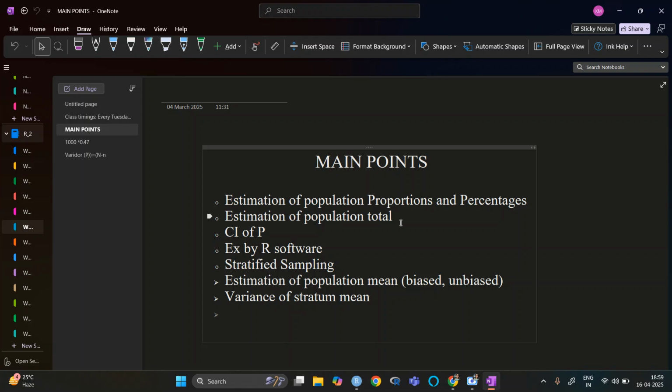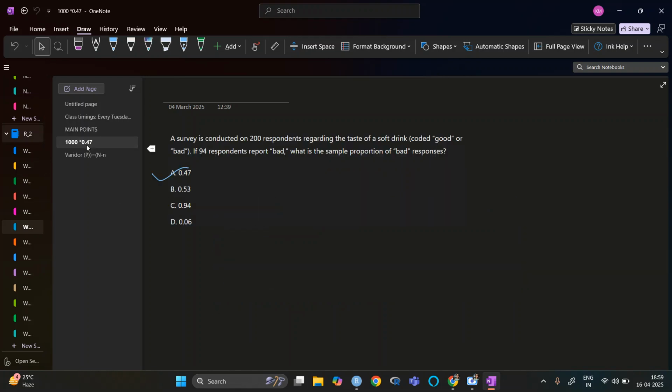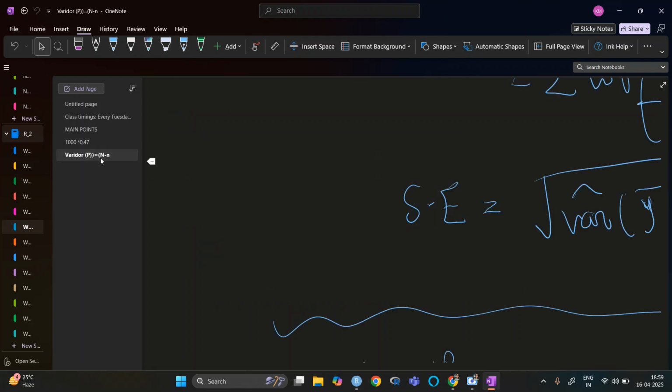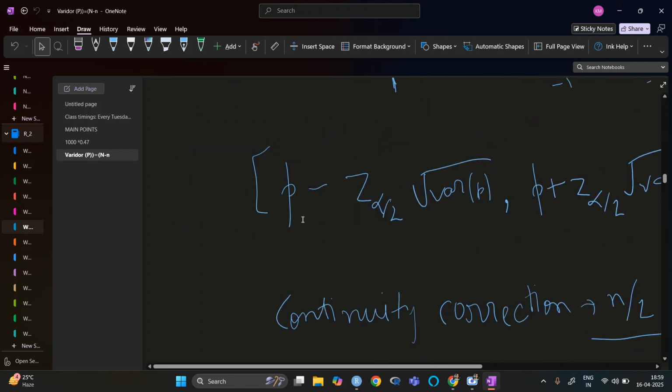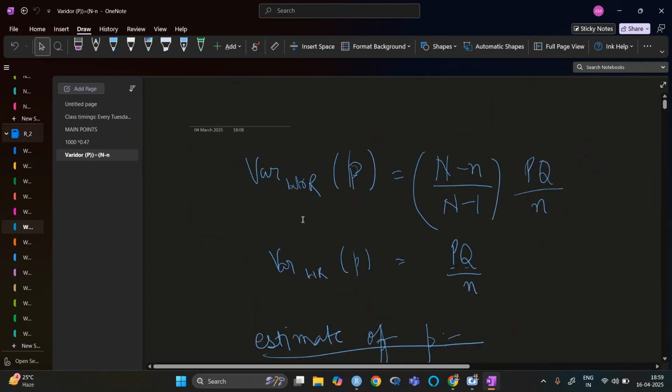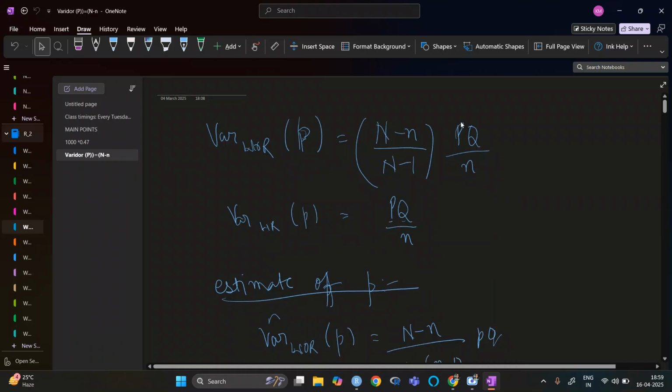And now what we have is the population proportion. We write that in the proportional way, so p and q are all in the proportional way. In the proportional way, it is like 30%, 20%.